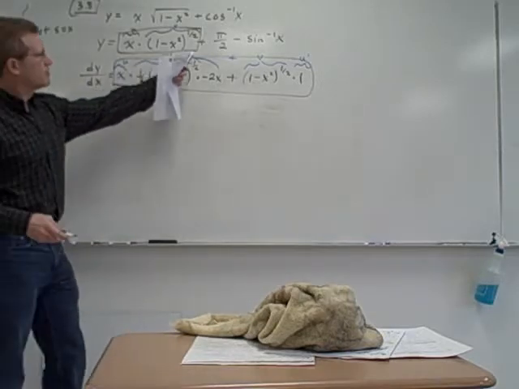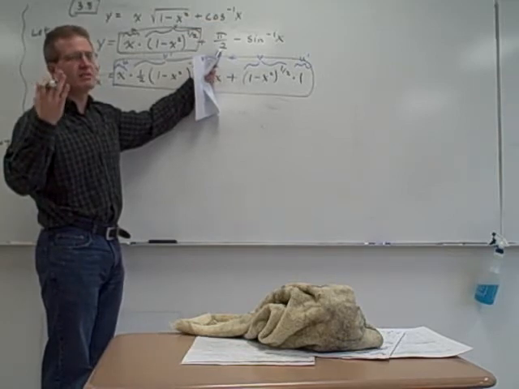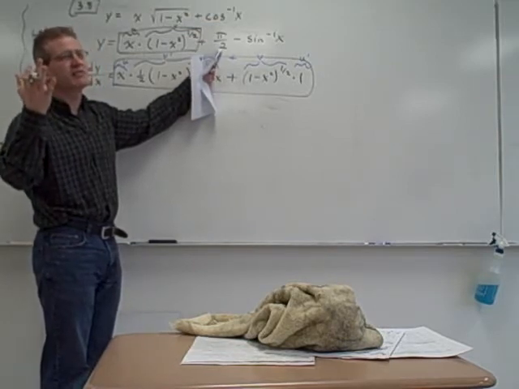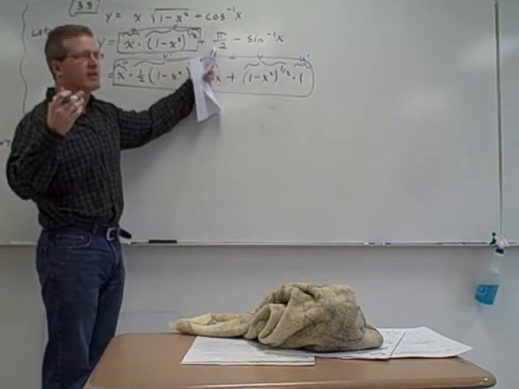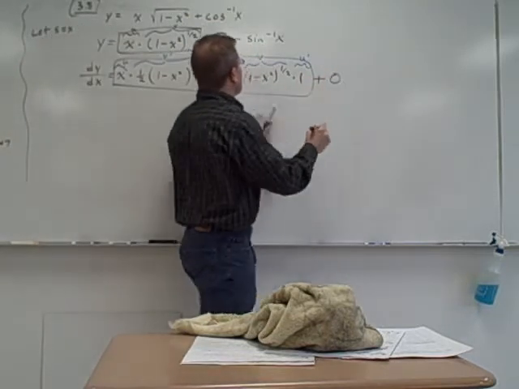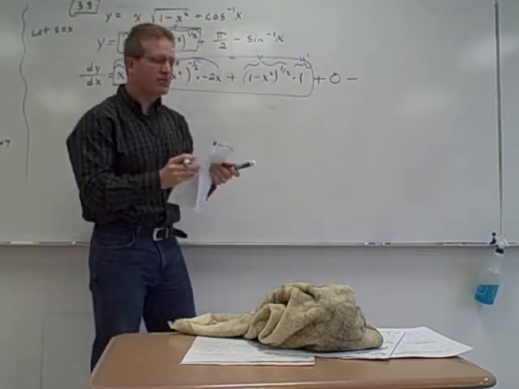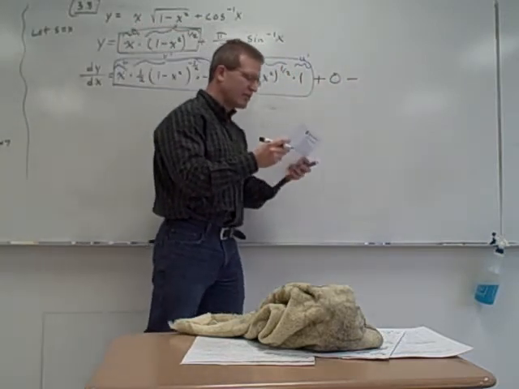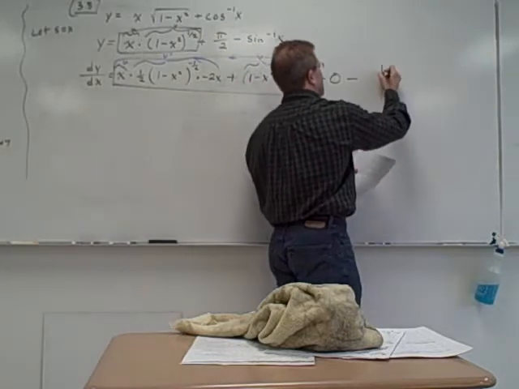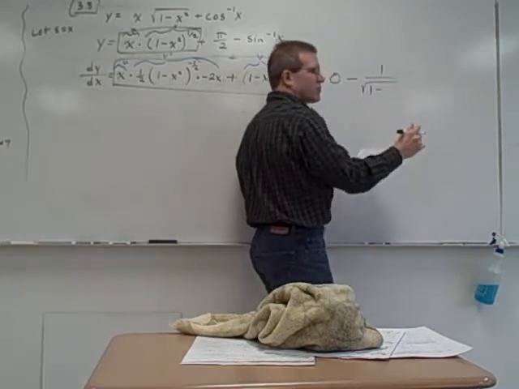Okay, next, derivative of pi halves. Pi halves, that's 3.14159 divided by 2, so that's about 1.57. What's the derivative of that? 0. That's a constant. Derivative is going to be 0. Inverse sine. Make sure you don't forget this minus sign here. Inverse sine formula says the derivative of inverse sine is 1 over square root of 1 minus u squared.